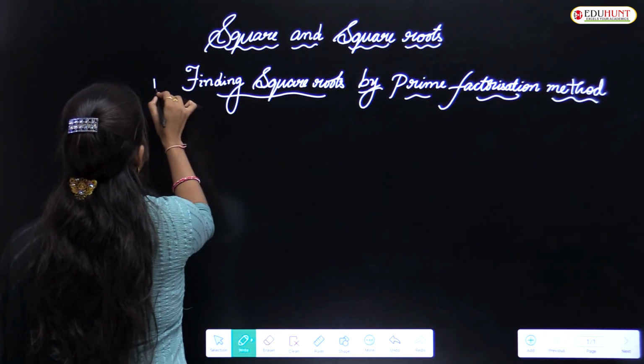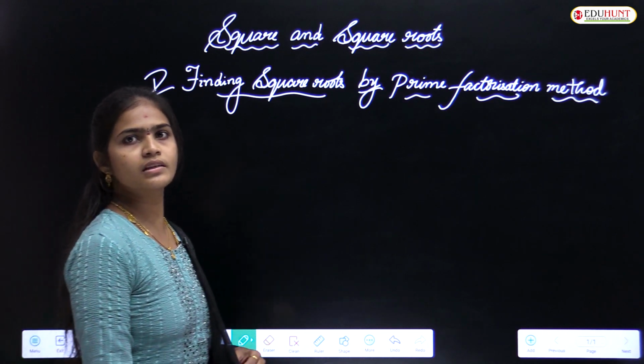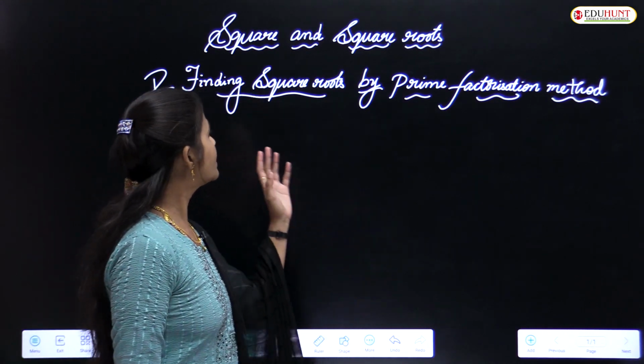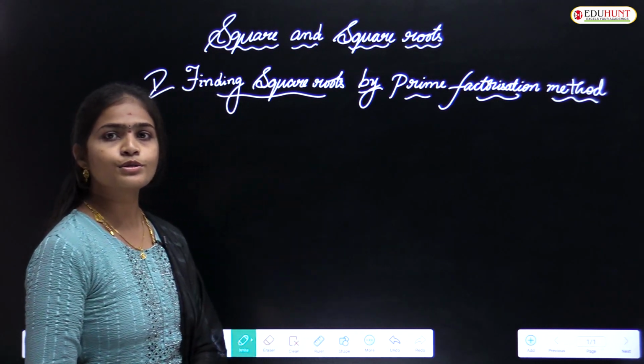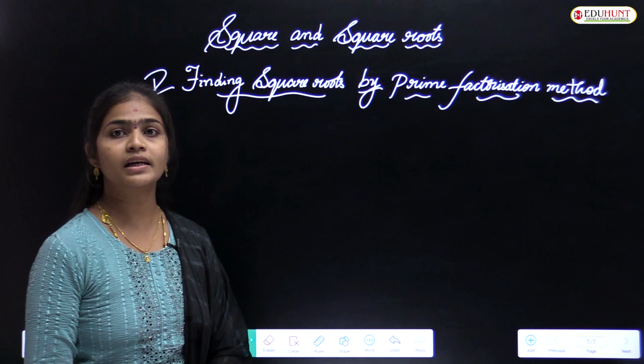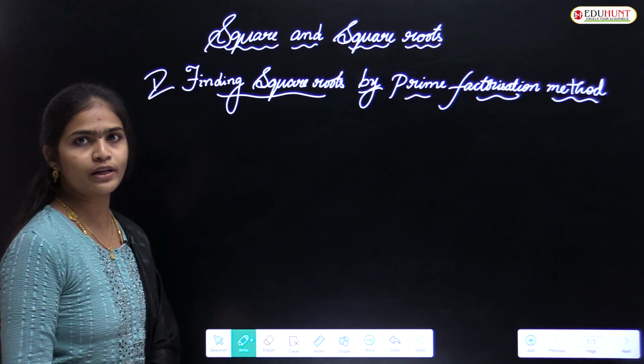This is the first method; we also have other methods, like the division method. So, by using the prime factorization method, how do we find a square root?